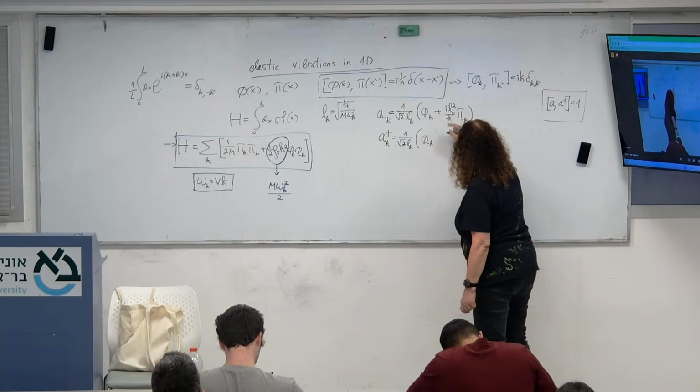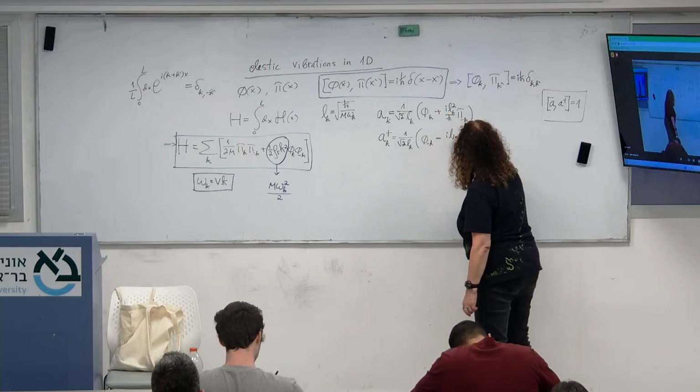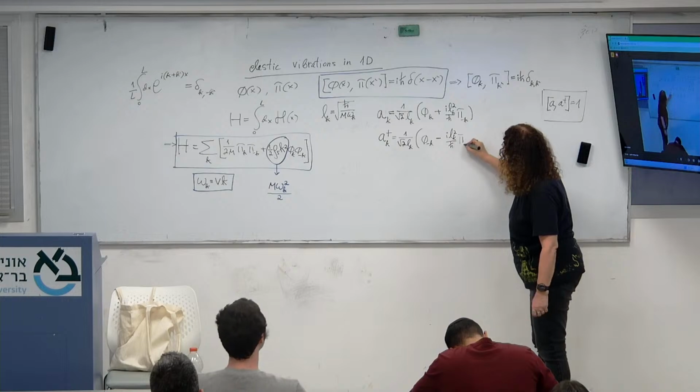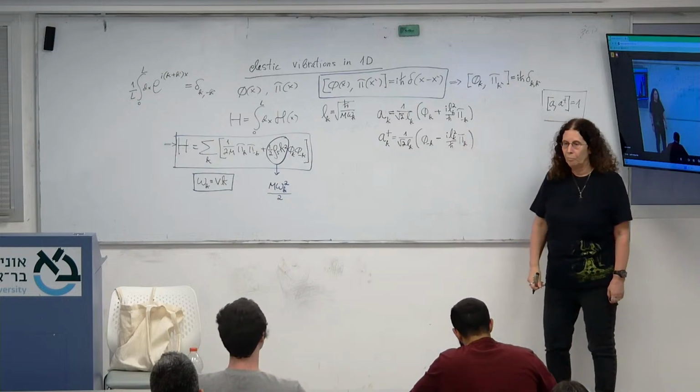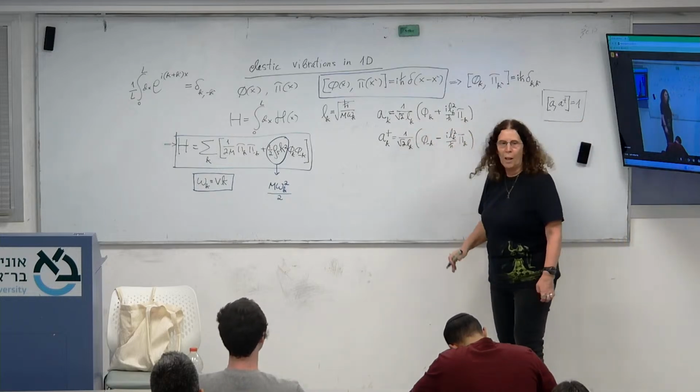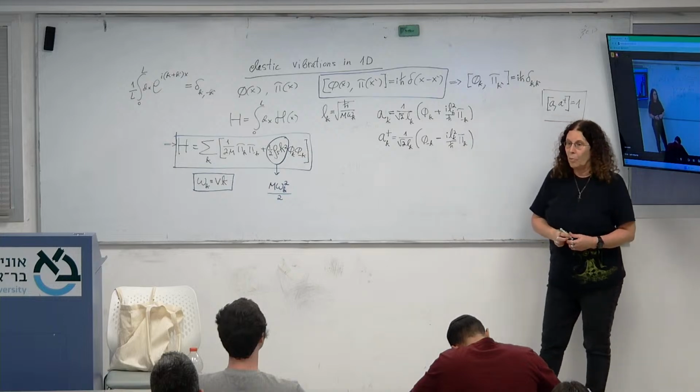And here I have another i, so I have to put a minus sign: i Lk squared over h bar times pi k, right, exactly. And that's it. So that's a well-defined thing.